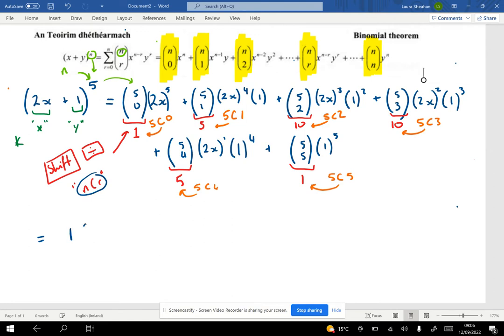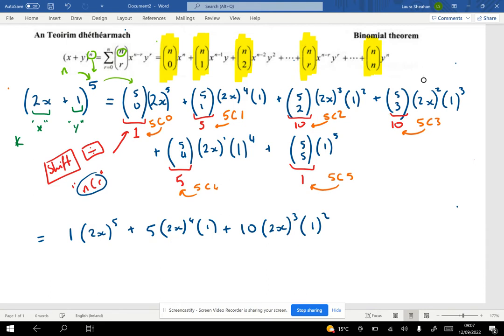So I've got 5 choose 0, which is 1, and then I've got 2x to the power of 5, plus 5 times 2x to the power of 4 times 1, plus 10 by 2x cubed. Remember the cubed is outside the bracket. If you look up here, it's the whole x term with the power, and our whole x term in this case is the 2x. So the whole term should be in the bracket, not just the x bit.